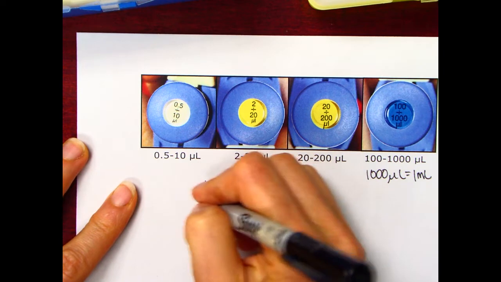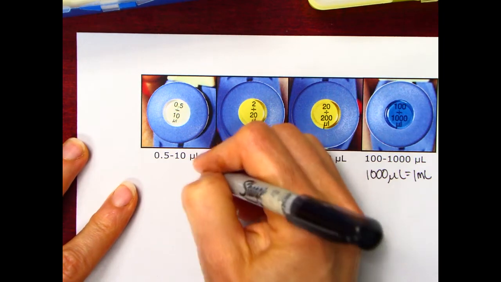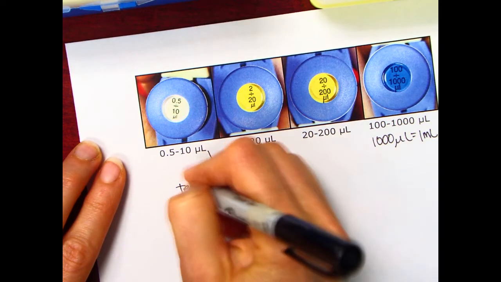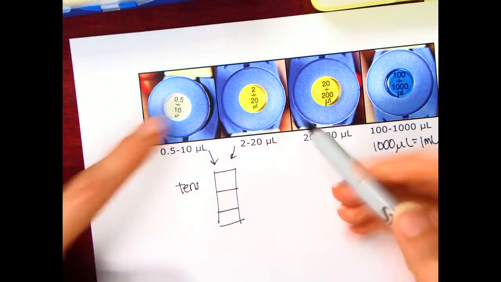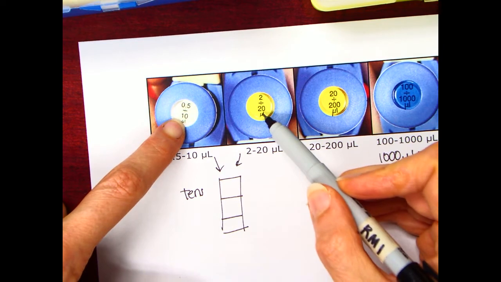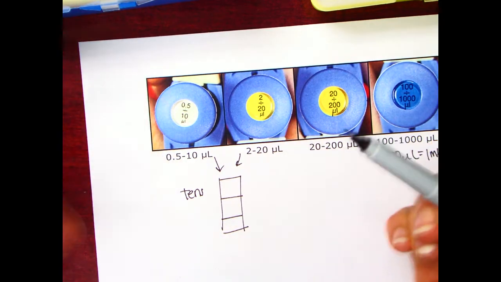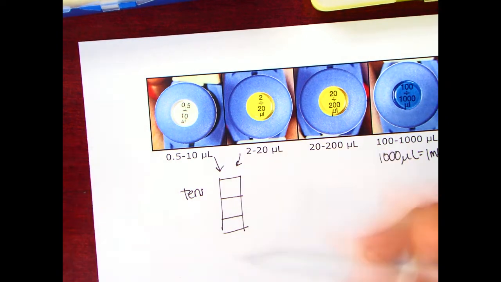In all pipettors, there are 3 windows. For the 0.5 to 10 and the 2 to 20, the top window is the tens place. The way that I know that is for both of these, the highest amount that they can measure is the tens place, and so the top number of the 3 numbers has to be able to measure the highest amount.